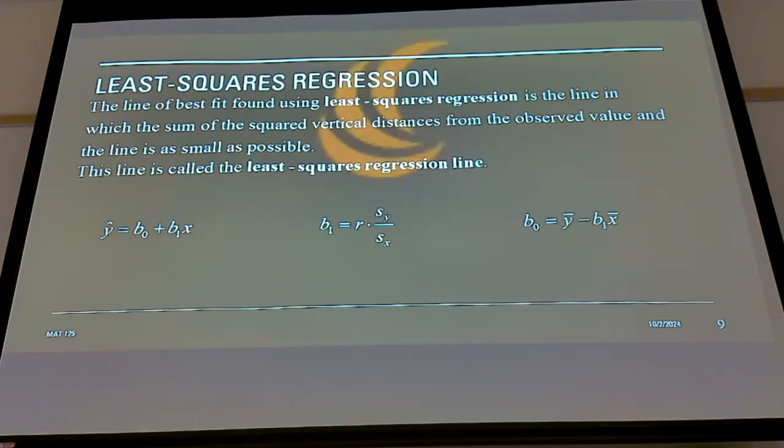B naught is a little bit nicer, except it requires you to find B1 first. It's Y bar. What does that represent? What did Y bar mean? Uh-oh. Again, they're just tested on this.